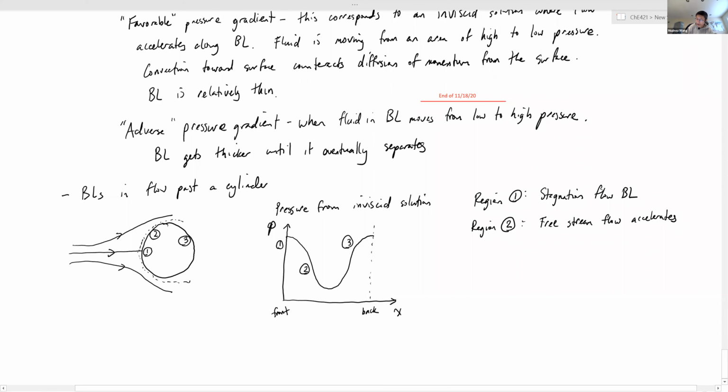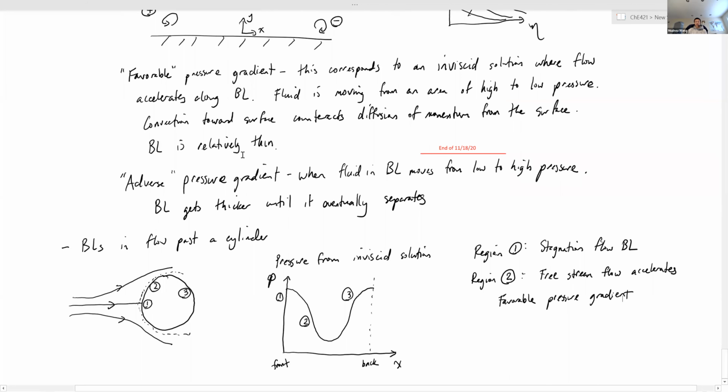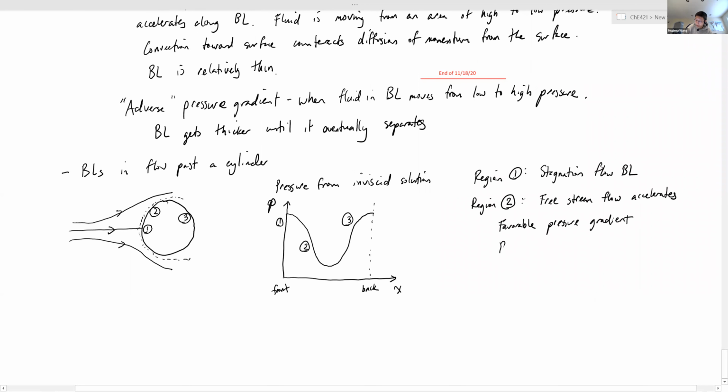And what we have is a favorable pressure gradient. And so this is basically the scenario that we laid out earlier, right? And so what we have is basically a relatively thin boundary layer.